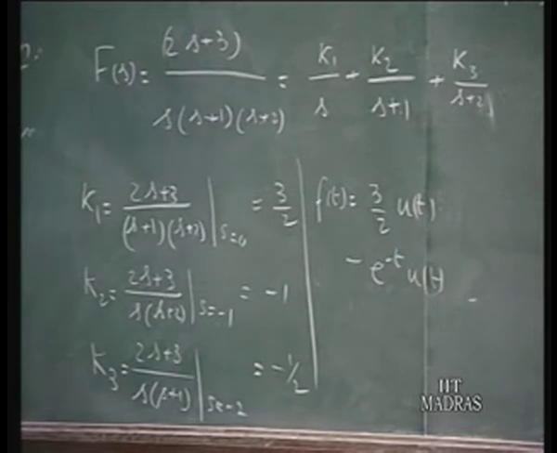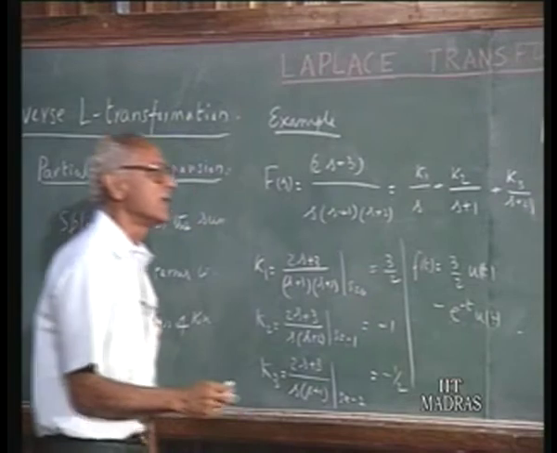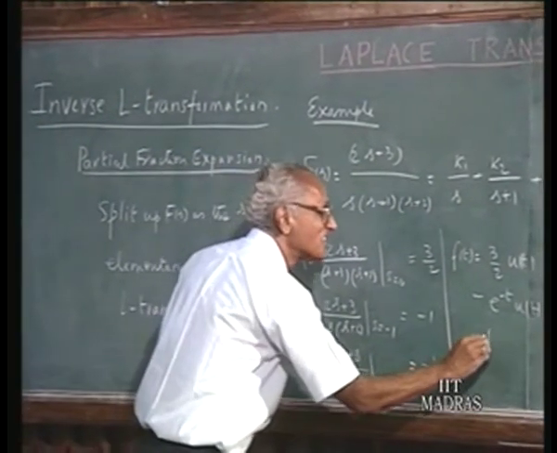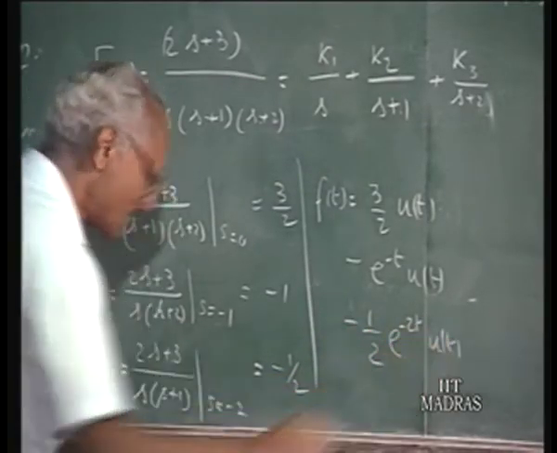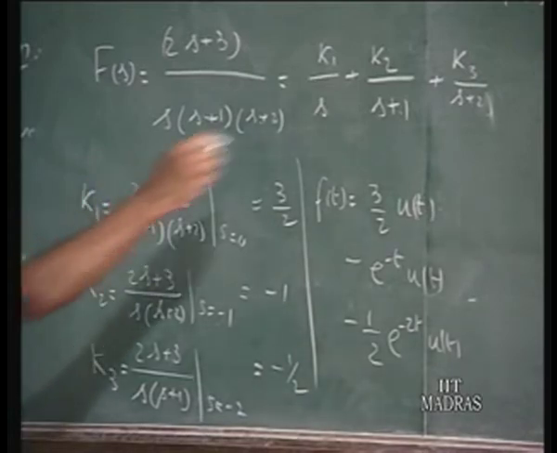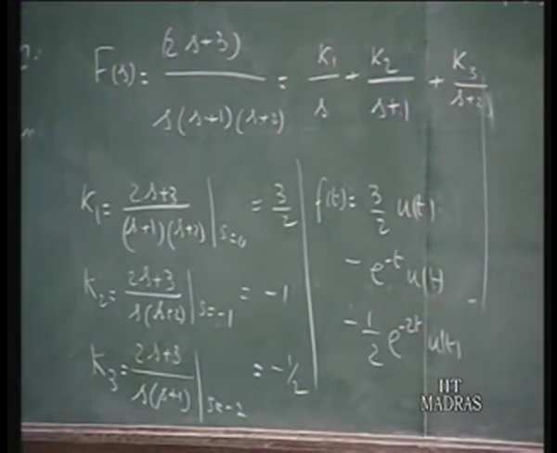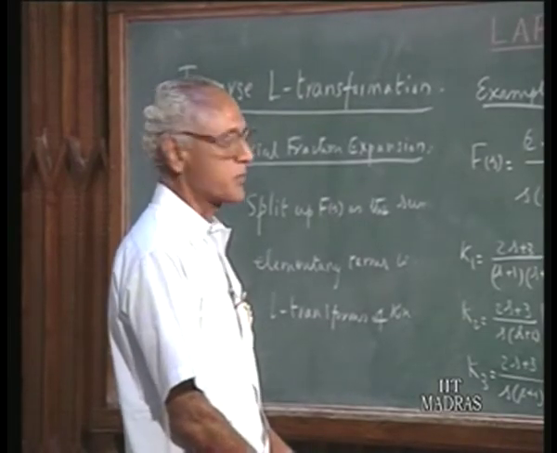The inverse Laplace transform of K3 upon (s plus 2) is K3 e to the power of minus 2t. K3 is minus half, so minus half e to the power of minus 2t u(t). That is the final result: 3 upon 2 minus e to the power of minus t minus half e to the power of minus 2t, times u(t). So, this is how one can find out the partial fraction expansion in the case of simple poles, and from that you can find out the time function to which the original given F(s) corresponds.